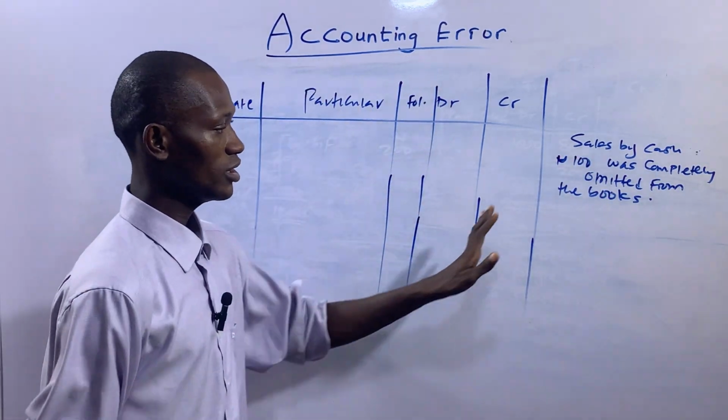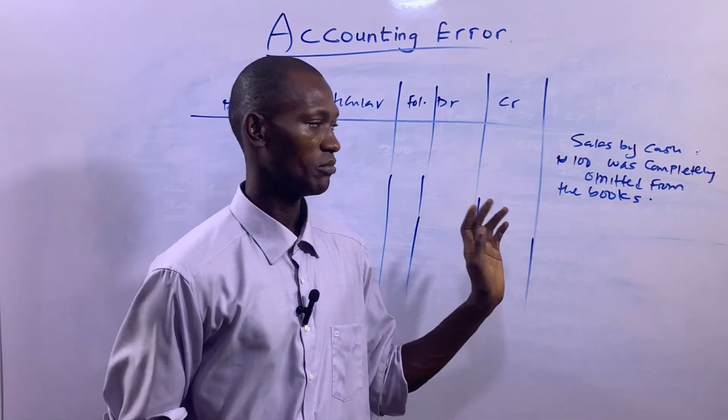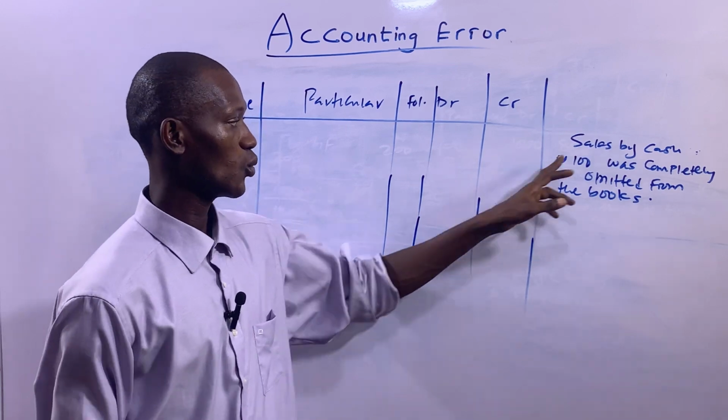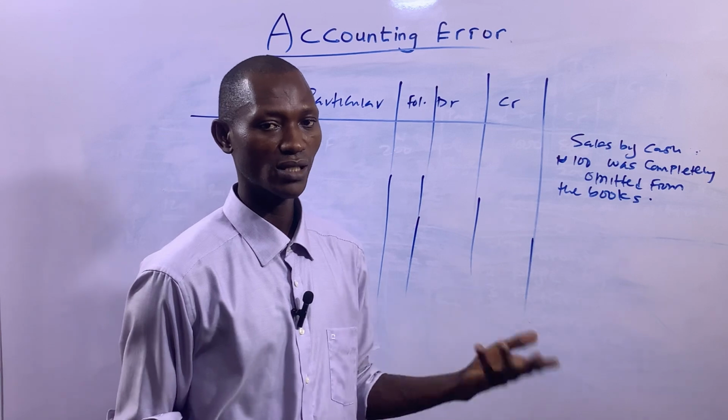Look at this. This is a transaction and it's an error of omission because we were told that the transaction was completely omitted from the books. So which account do we debit? We debit cash and we credit sales.